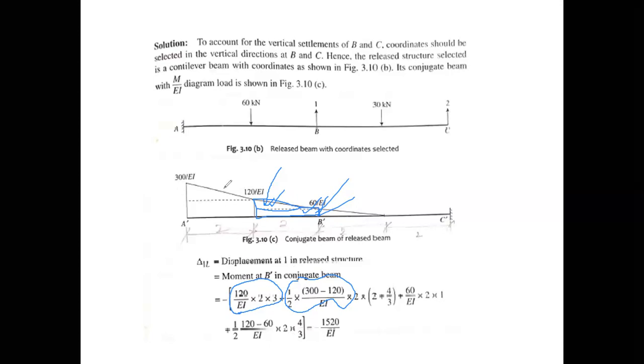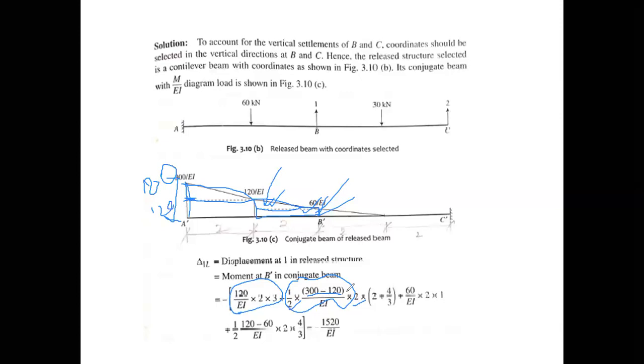For the triangle, if the total height is 300, then this height is 120, so this height will become 180. That is what is written here: 300 minus 120 is 180. Then the load of this triangle will be half into base into height, that is, half multiplied by base, which is 2, multiplied by height.